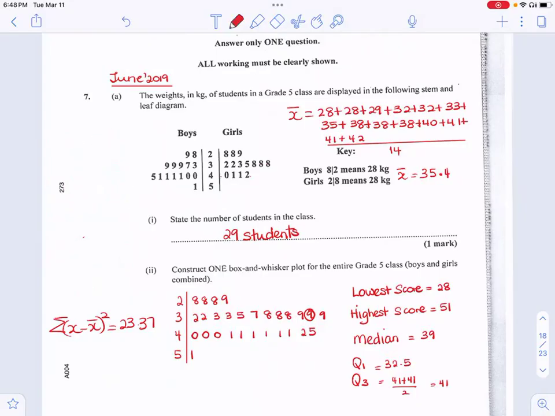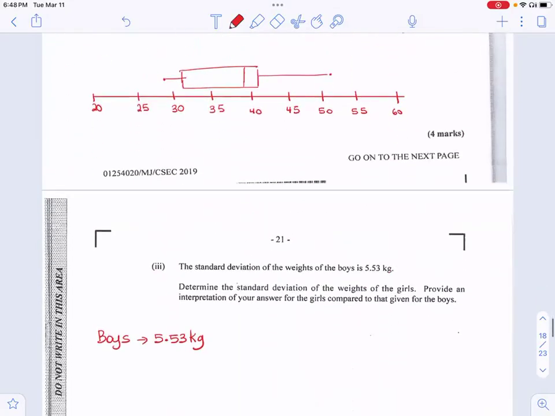Say why it is different. You can talk about the standard deviation of the boys compared to the girls.